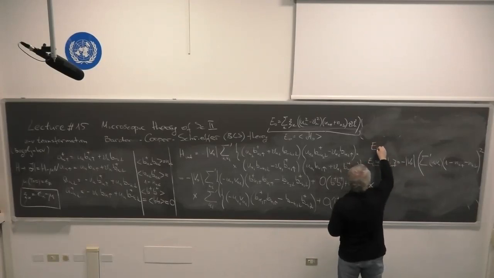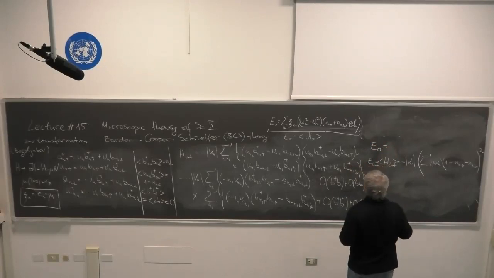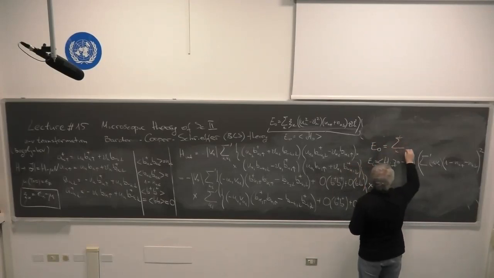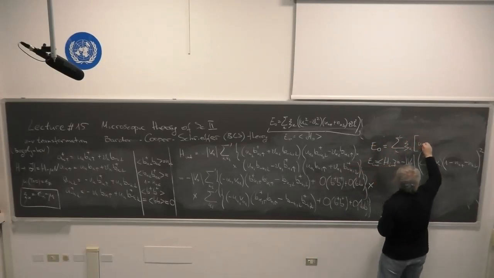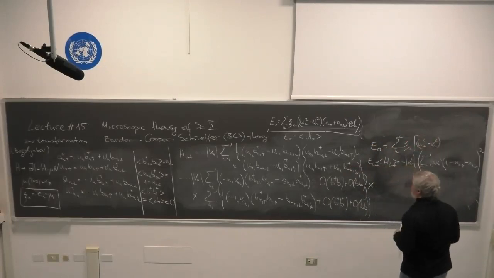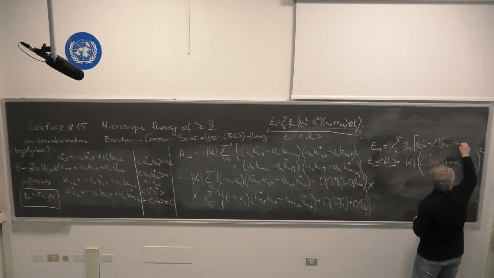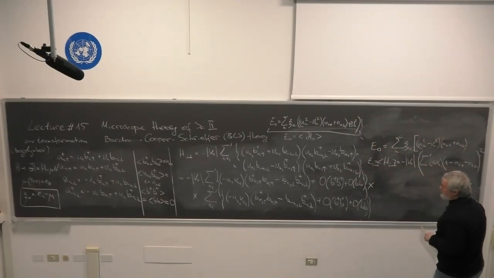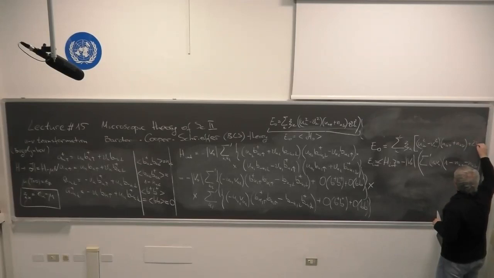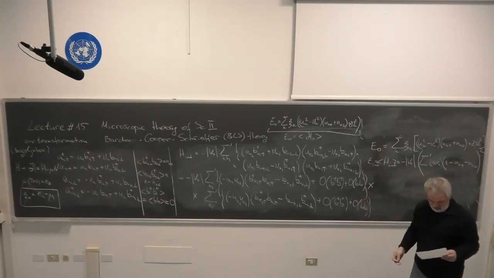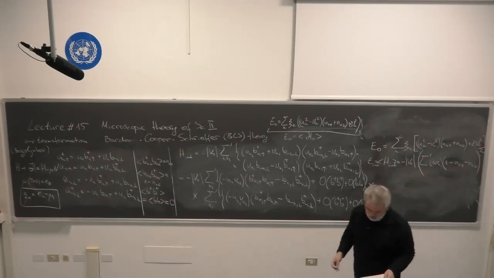And for comparison, I rewrite E node, which is sum over K, xi K, UK square minus VK square, NK up plus NK down, plus 2VK square. So, E node and E interaction. Good.